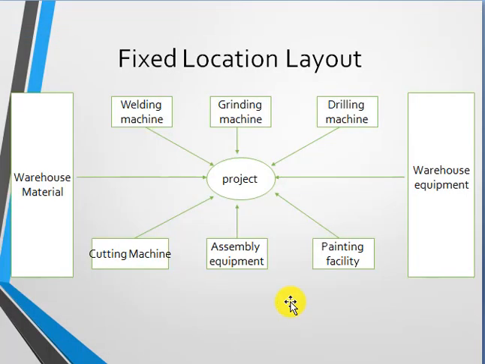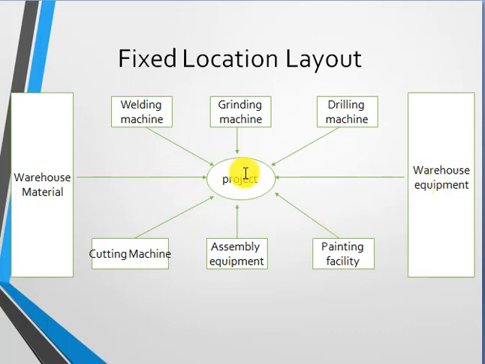This is an example of a fixed layout. For example, I have a welding machine, grinding machine, drilling machine, painting, and so on. And these machines will be close to the assembly workstations. After I get closer to this, I can transfer the material using warehouse equipment.